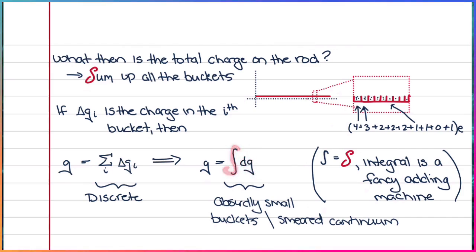This integral represents adding up, or summing, all the little bits, and that's going to give me the total charge. And the calculus version is that you have 10 to the 20 of these tiny little buckets, but then the integral gives you a way of doing that without having to count 10 to the 20 individual numbers.